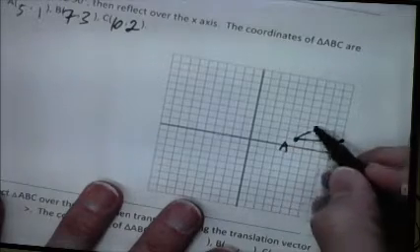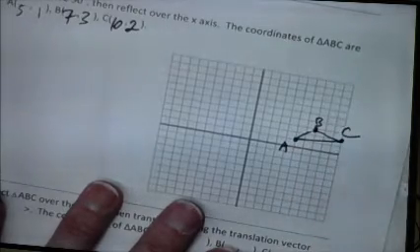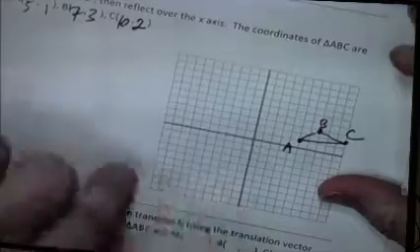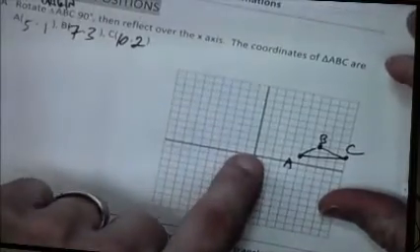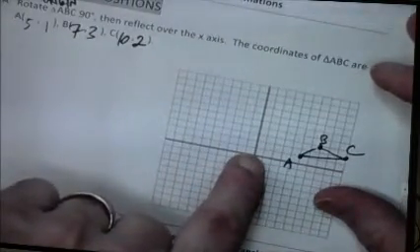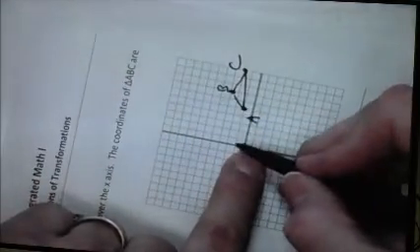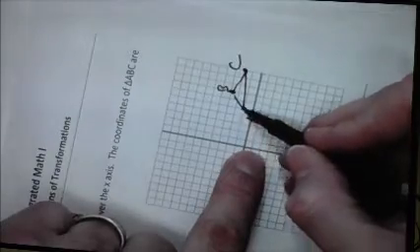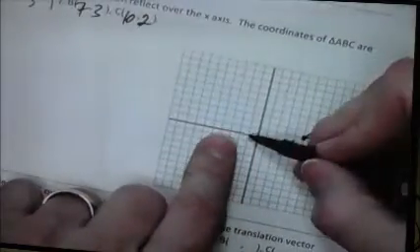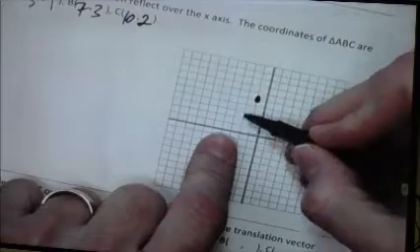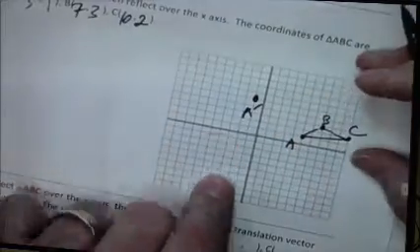A, B, and C. So rotating 90 degrees over the origin, you have a number of methods, ways that you could do it, but I'm going to use the simple turn one. So A should be at 1 and 1, 2, 3, 4, 5. So A should be at 1 and 5. So that's A prime.